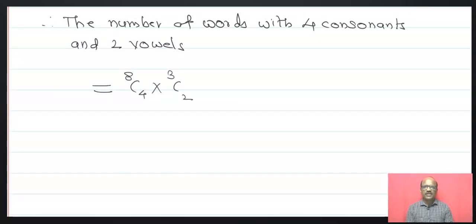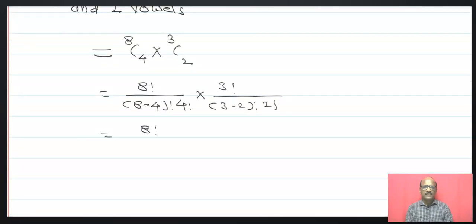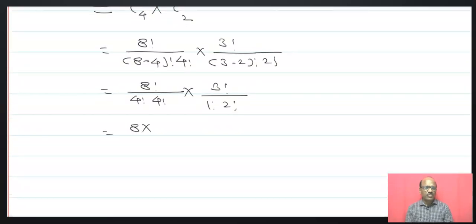That is 8 factorial upon (8 minus 4) factorial into 4 factorial, into 3 factorial upon (3 minus 2) factorial into 2 factorial. Normal simplification is there up to the 4 factorial.